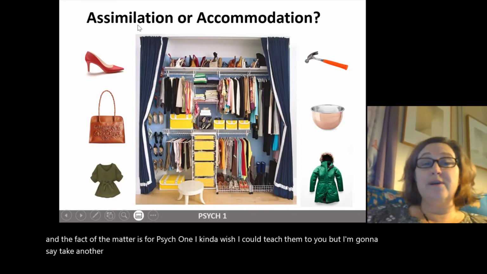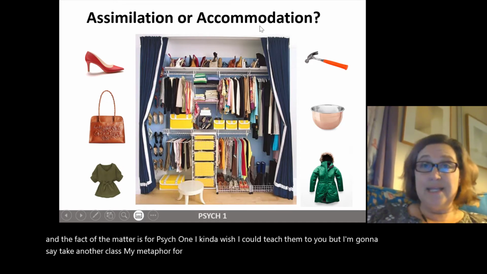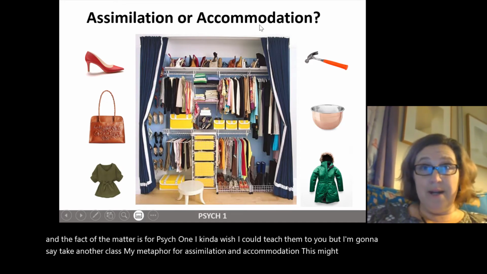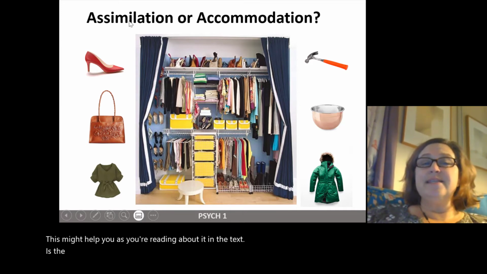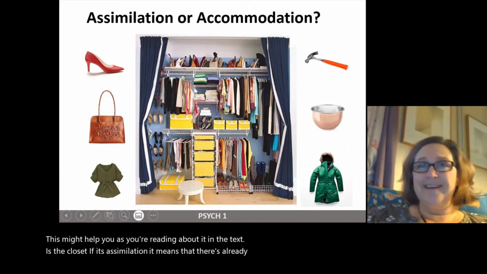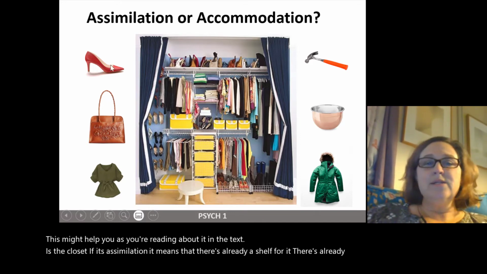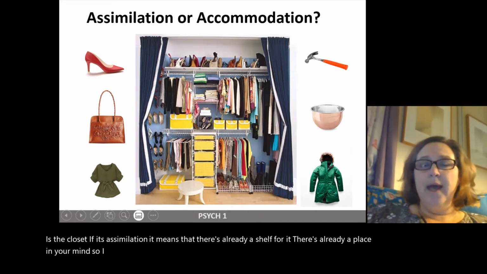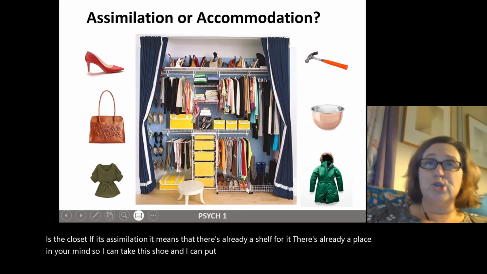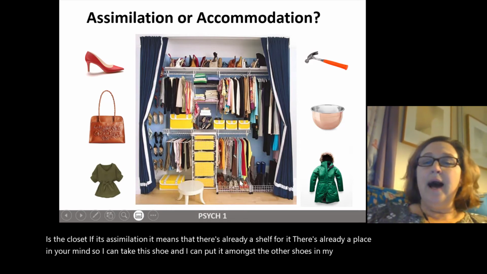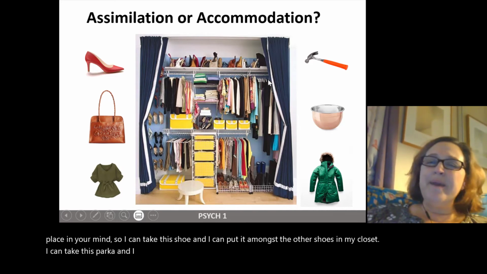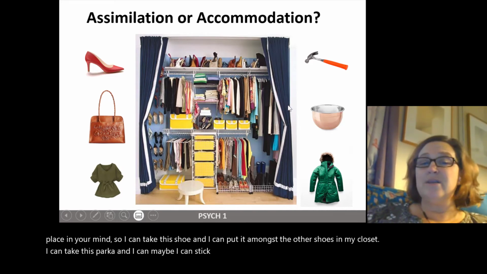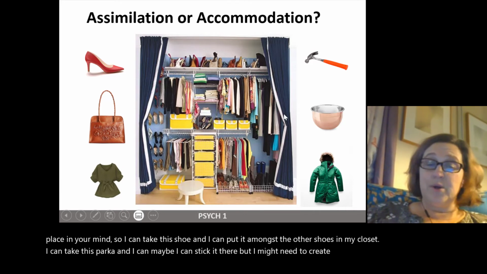My metaphor for assimilation and accommodation, which might help as you're reading about it in the text, is a closet. Assimilation means there's already a shelf for it, already a place in your mind. So I can take this shoe and put it amongst the other shoes in my closet. I can take this parka and stick it there, but I might need to create another section for heavy winter coats.